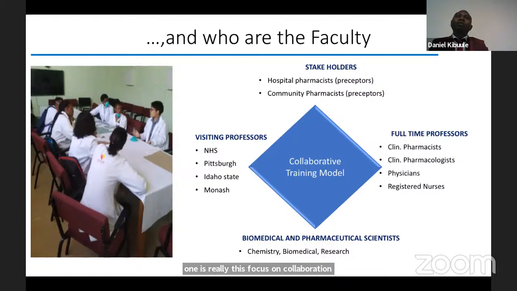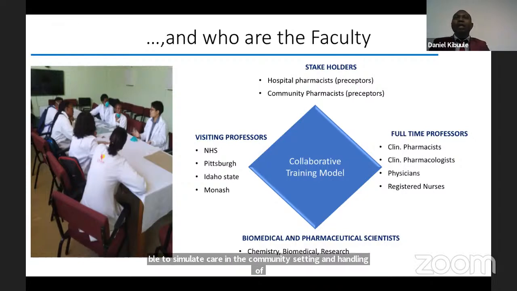So in terms of faculty, we have visiting professors, some coming from the UK, the National Health Service. We have visiting professors coming from the University of Pittsburgh, from Idaho State University, and the University of Monash. So Monash has actually helped us with a dispensing tool called MyDispense, which we're able to simulate care in the community setting and handling of prescriptions as early as the first or second year of their studies.